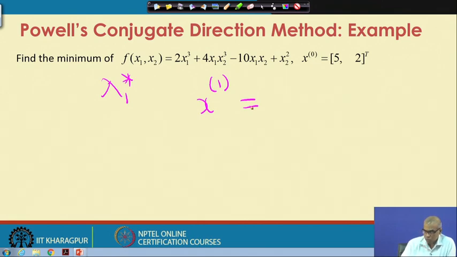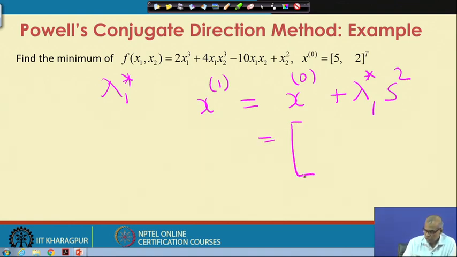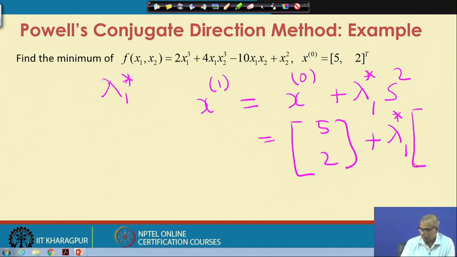I can find x 1 as x 0 plus lambda 1 star S 2. x 0 was given as (5, 2), we have obtained lambda 1 star, and S 2 is given as (0, 1).